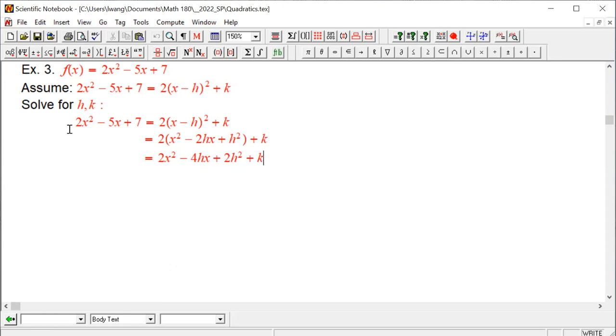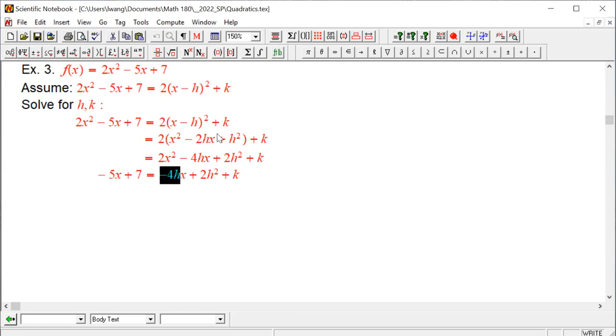And because these two are assumed equal, and of course 2x squared equals 2x squared, we can subtract 2x squared. So these are going to be removed, because they're the same on both sides. So all we have to do is treat this piece equal to that piece, because they are both coefficients of x, the numbers before x.